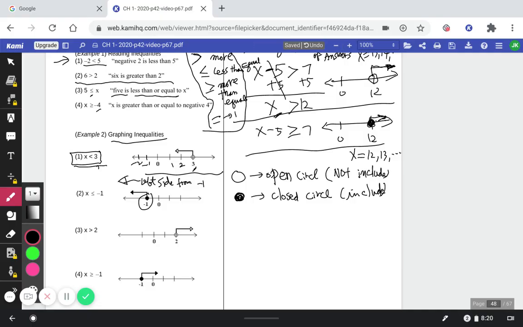Okay. How about number 3? How do you represent on a number line when you have x is bigger than 2? On the number line, you locate the critical point 2, and greater means the right side.